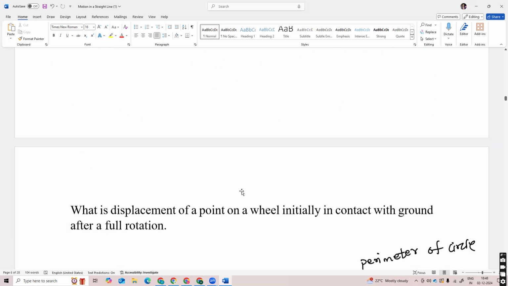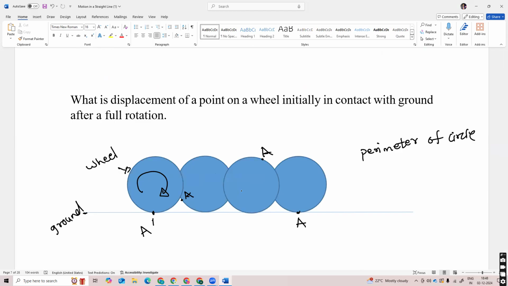Whereas in this case, the wheel is moving on the ground. When it makes one complete turn, the point will again come in contact with the ground. The distance is equal to the perimeter of the circle, so it is given as 2 pi r.